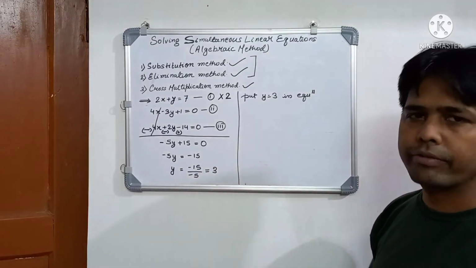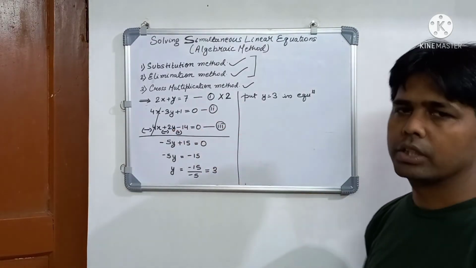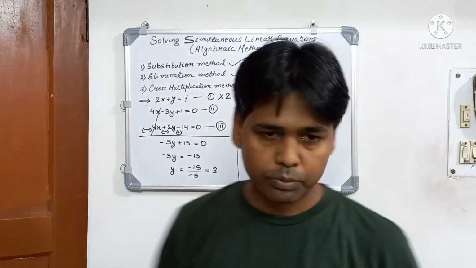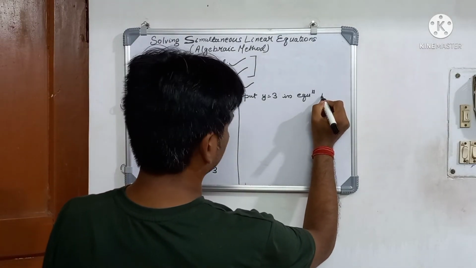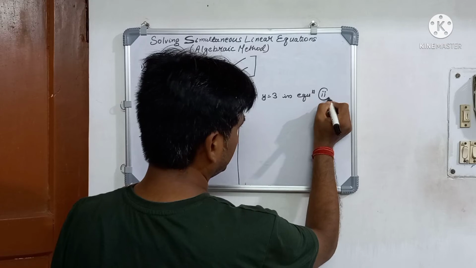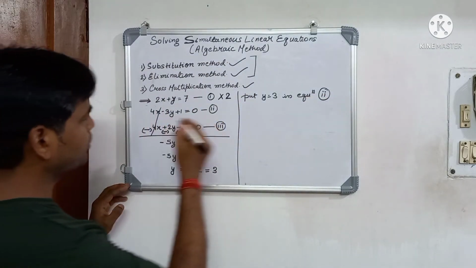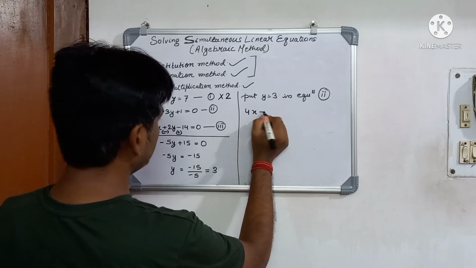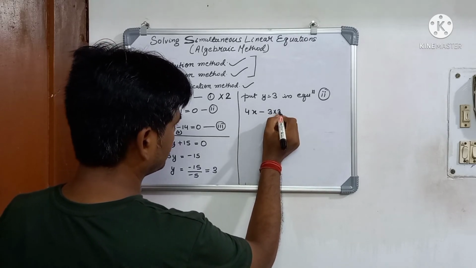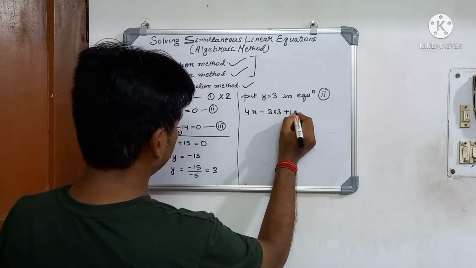We cannot put that value into the multiplied equation. Fine. So putting this value in, say, equation number 2, I am going to put the value of y in equation number 2.